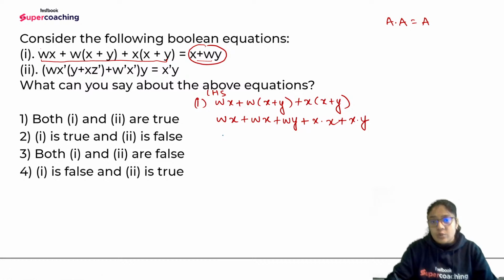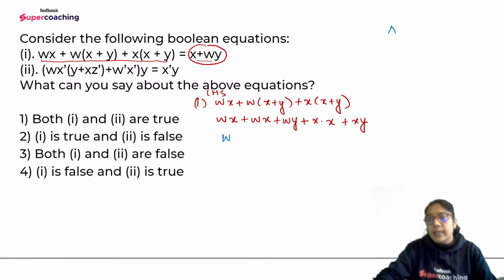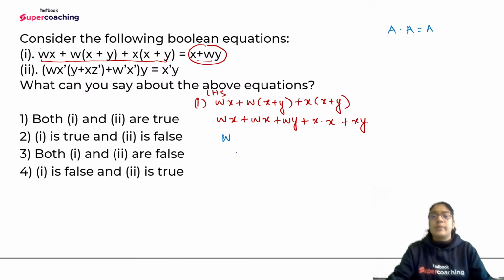So this comes out to be wx. We have said that a and a is a only. So this means that x and x will be x. So it is simplified to wx plus wy plus x plus xy.